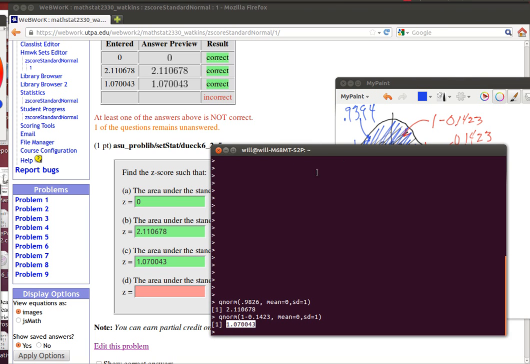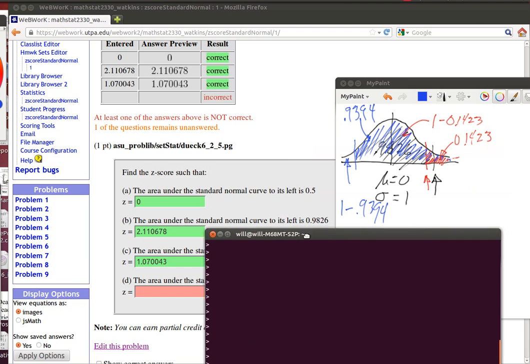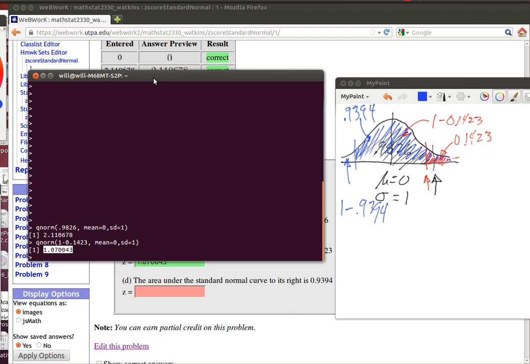Let's get R back here in the picture so we can do this calculation real quickly. We need to have the qnorm, and now it will be 1 minus 0.9394 with a mean of 0 and a standard deviation of 1 because we want the standard normal.